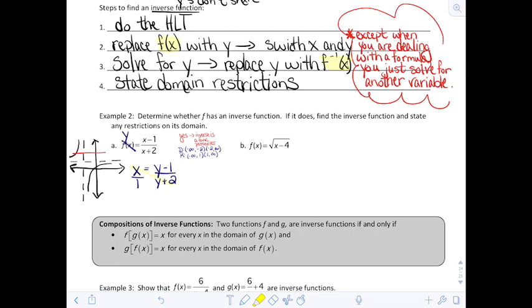So I'm going to multiply x times y plus 2, which will give me x times the quantity y plus 2. And then when I multiply in the other direction, 1 times y minus 1, which is just y minus 1. So to get y by itself, I'm going to distribute the x, xy plus 2x equals y minus 1.